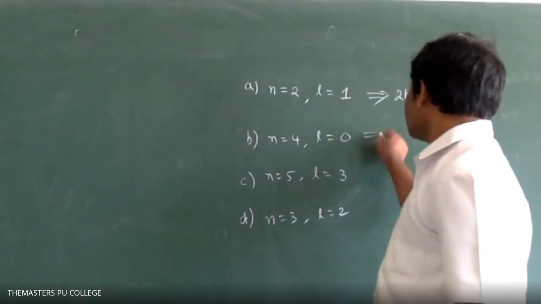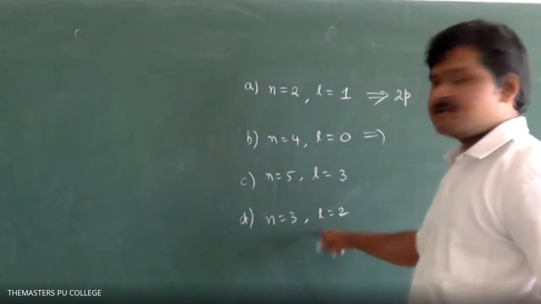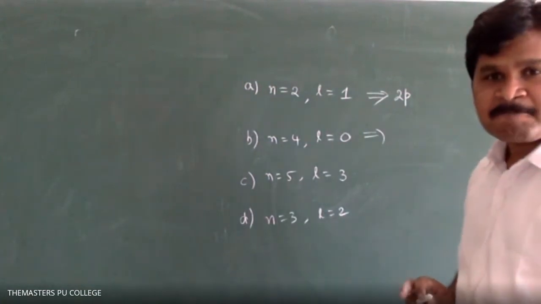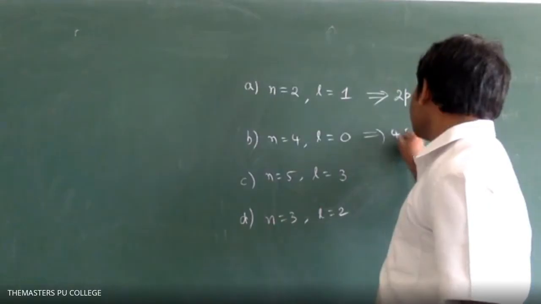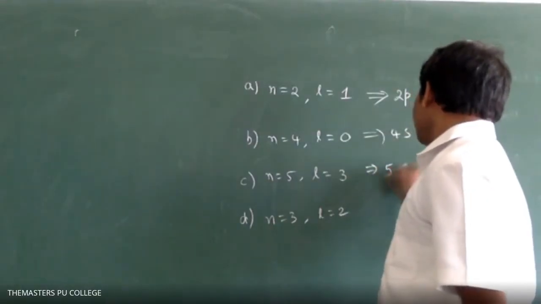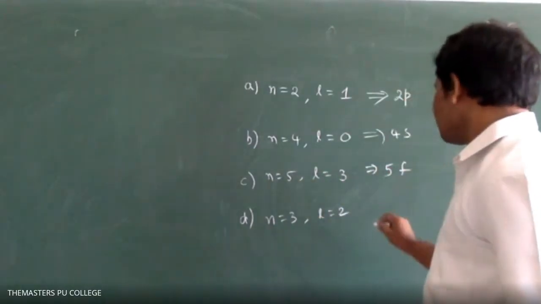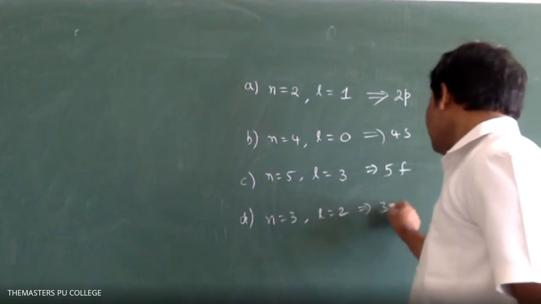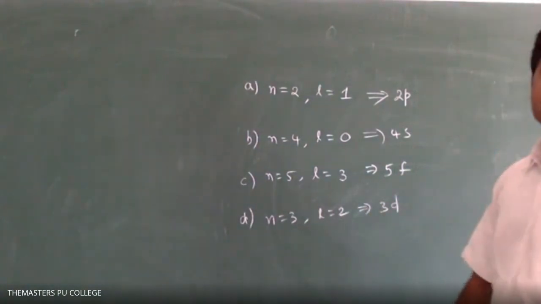Next, 3d, correct. So 4s, 5f. Write the number as it is. Next, 3d. This is the answer.